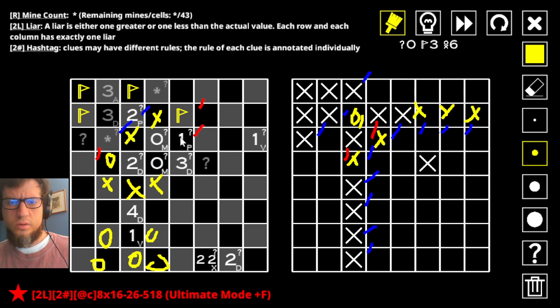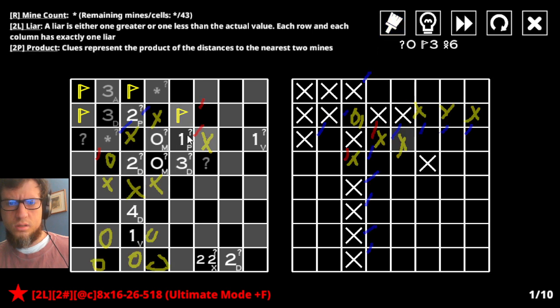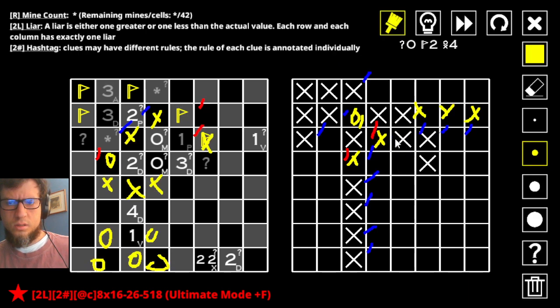Yeah, it would have to be a 2, but that's not allowed. So actually, this is a mine and this is honest in that case. Yeah, alright. Now it's a matter of whether this 3 deviation is honest or not, I suppose. If it is, then the 0 is honest, which would force that to be safe. If that's a mine, that's safe, okay.